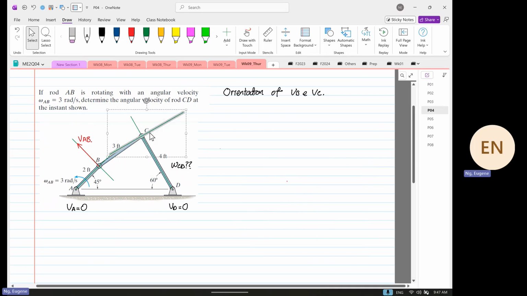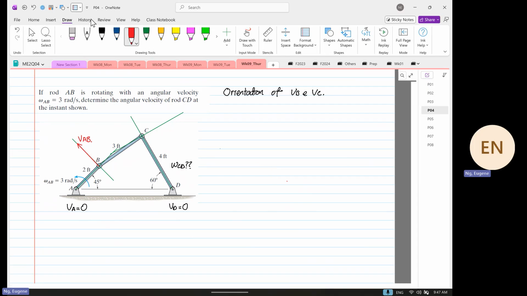So we also know the orientation already. So this is our VCD. And when that's the case, that's going to be good news. Yes or no? We have good news. Okay. So let's look at what values we know first.